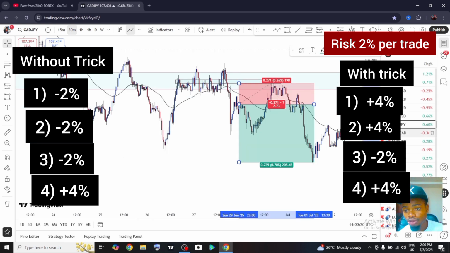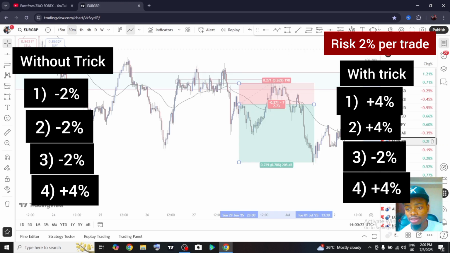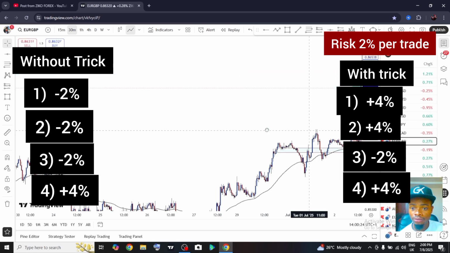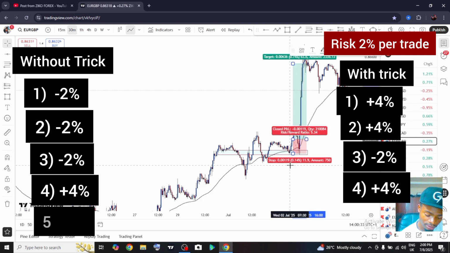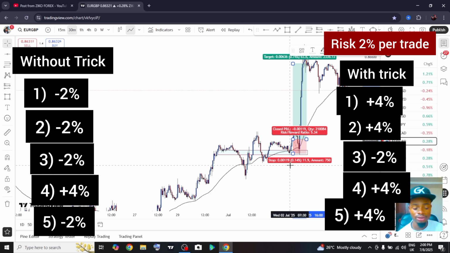Now we go over to Euro GBP, the last trade. Assuming we took all these trades, and you didn't apply this, it would have been another minus 2%. So you can see that because of wick outs that are happening from this wick out example video that I'm giving you, your account balance is minus 4% total.